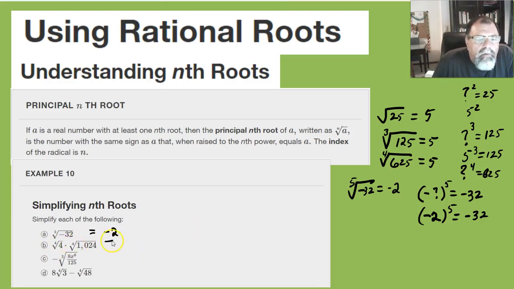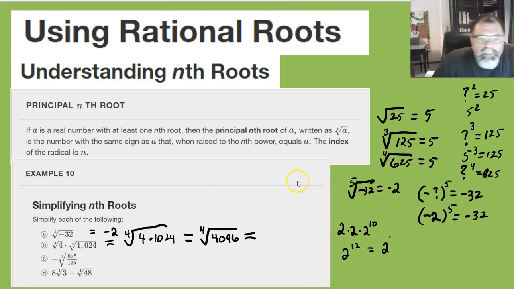So this is going to be the fourth root of 4 times 1024, which is the fourth root of 4096. So 4 times 1024 is 4096. And then you punch this in a calculator and you'll get 8.